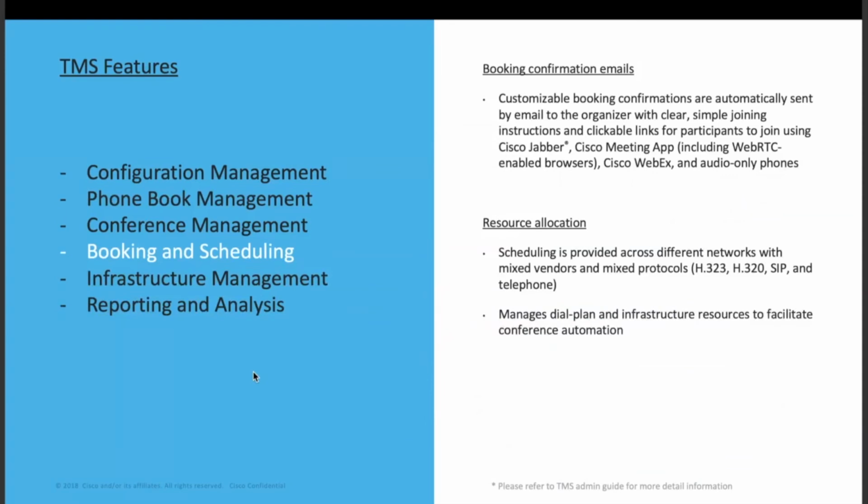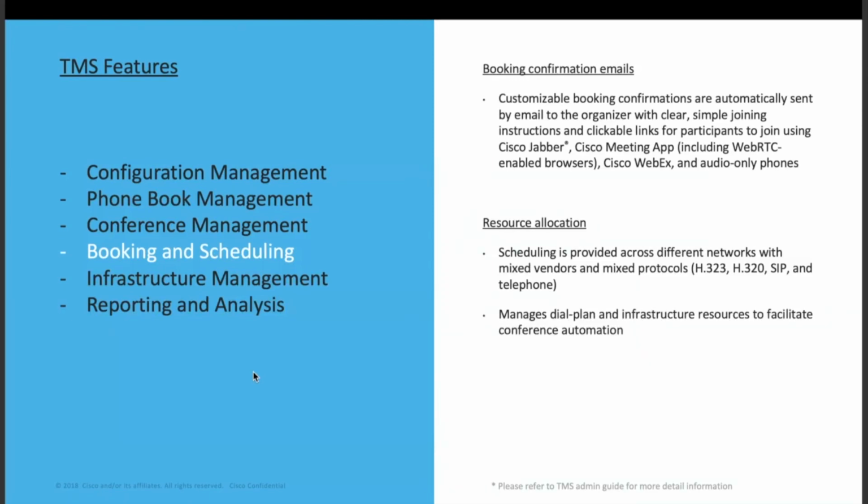When I say resource allocation, I mean you have a bridge. You bought 100 licenses for an MCU or a TPS. Now TMS will make sure that when you book meetings, if a meeting is scheduled from 9 to 10 for 90 participants, and there is another meeting coming up for the same time frame which will require 20 more, that makes it 110. And we have a limit of 100 participants, or 100 licenses, in a bridge.